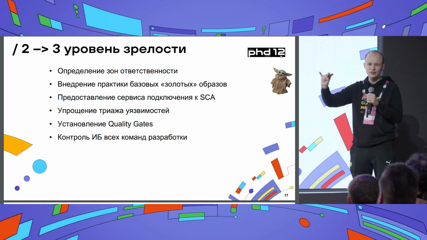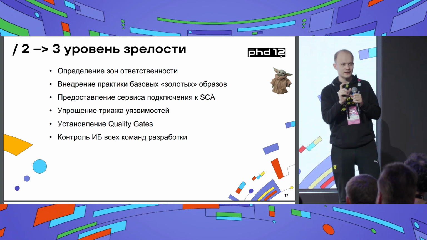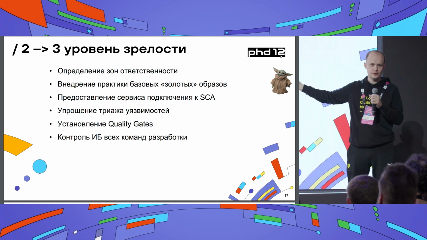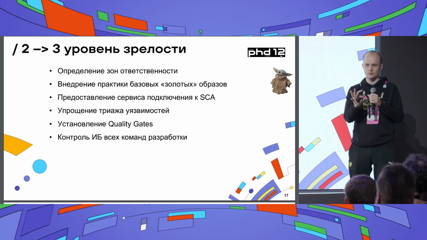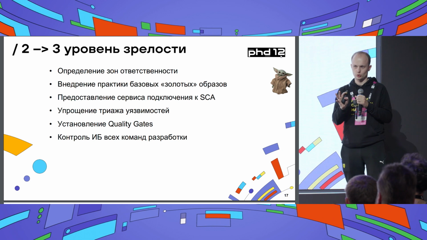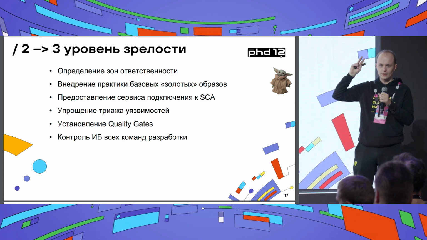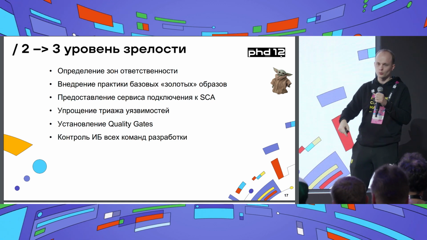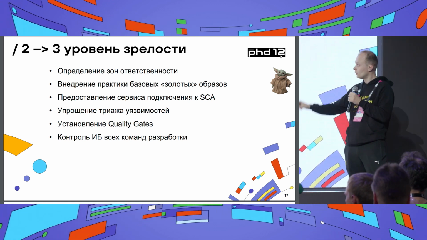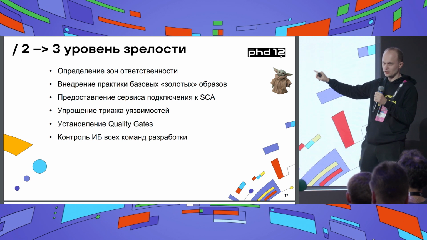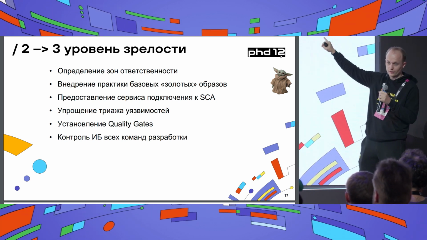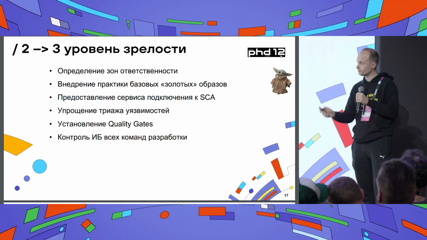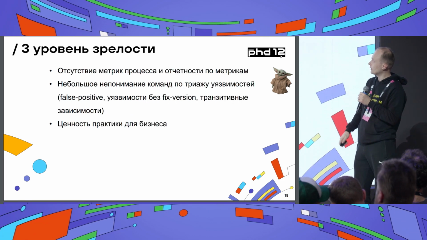And then information security control of all the teams. I wrote all, but 85% is also good enough, because some of the teams do not have internal development, some of them use vendor product, so not all the teams, but 85% of the teams is just enough for level 3.